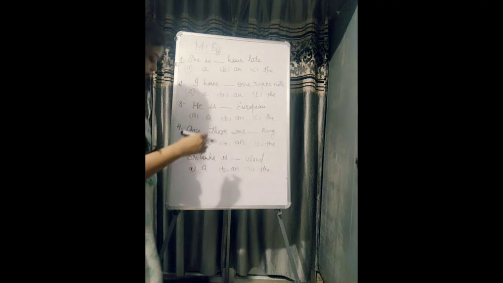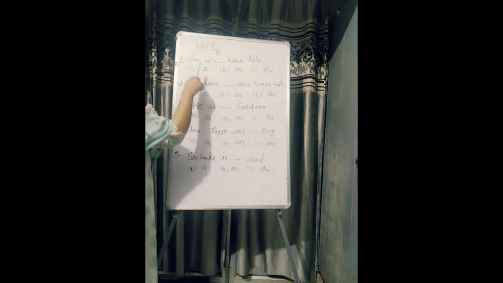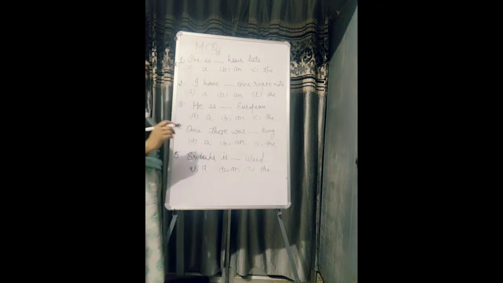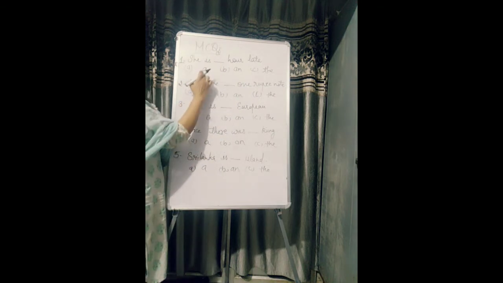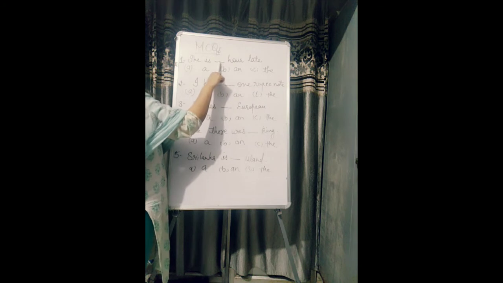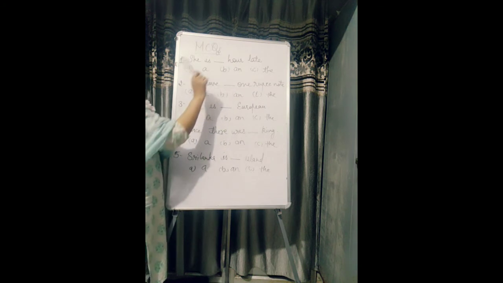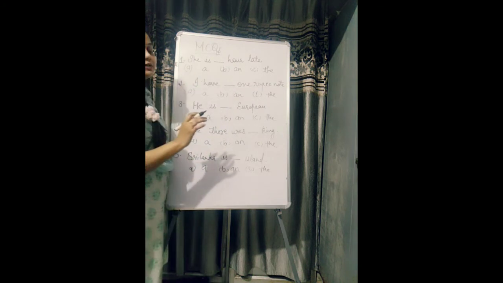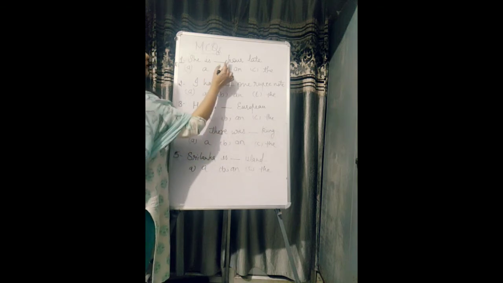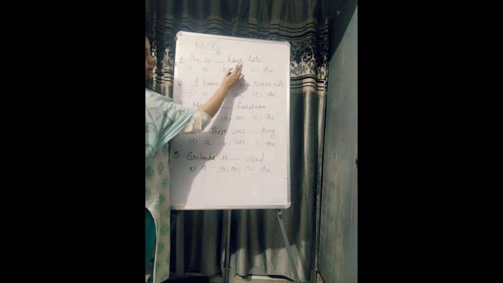Questions to get it more clear. The first one is, she is dash hour late. Which article will come here, a, an or the? Before it, we have to place an article. So remember what I've told you, that you have to see the word carefully.